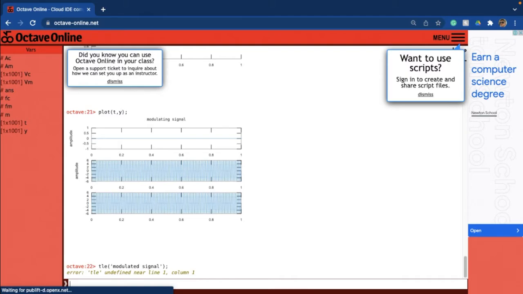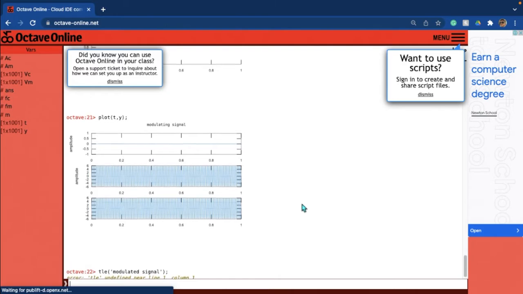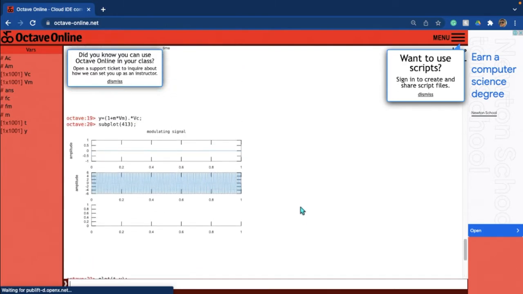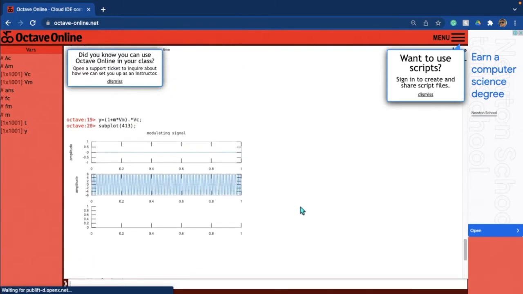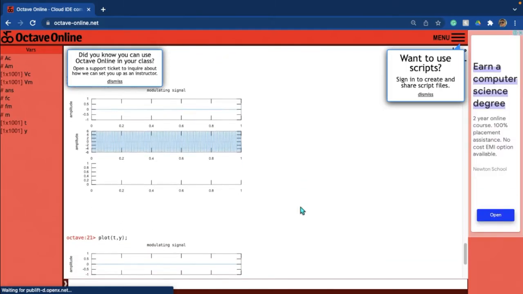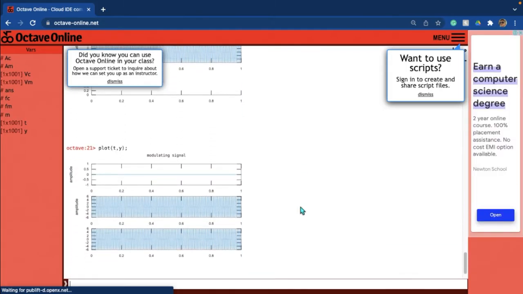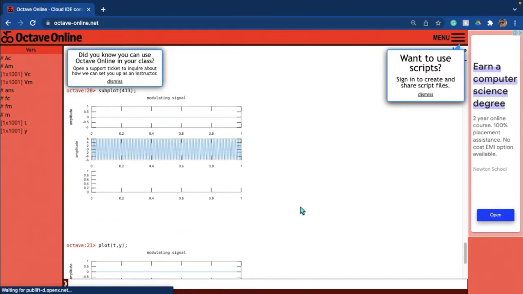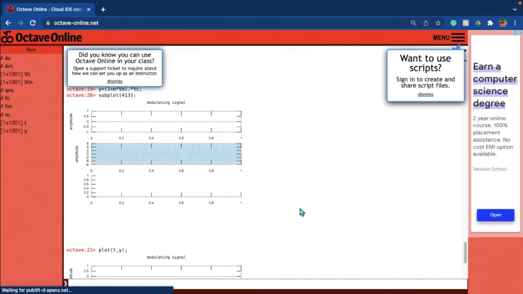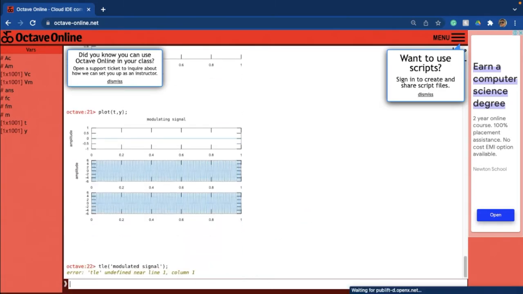There's some error here. Let me try. Okay, modulated signal is this, that's right. I have the title wrong.